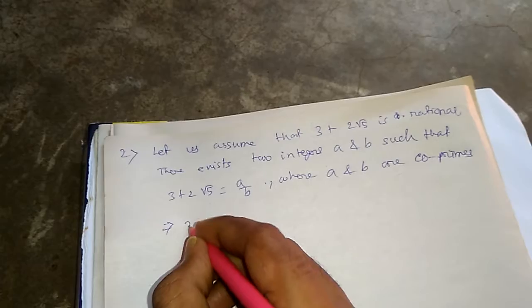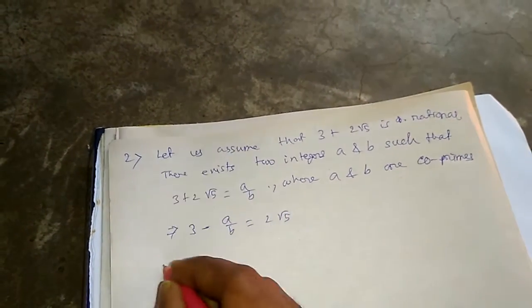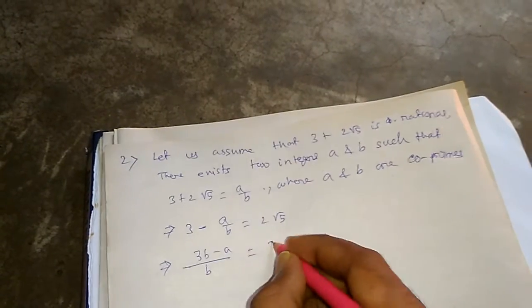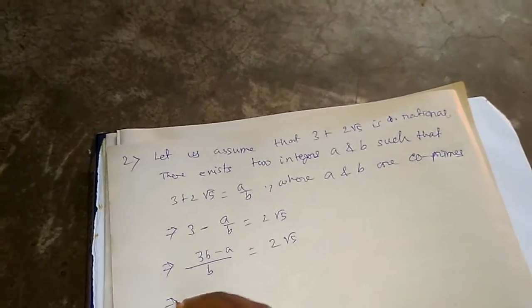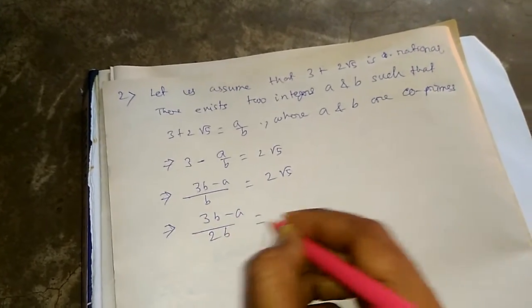So 3 minus a by b equal to 2 root 5. So 3b minus a equal to 2 root 5, that is, 3b minus a by 2b equal to root 5.